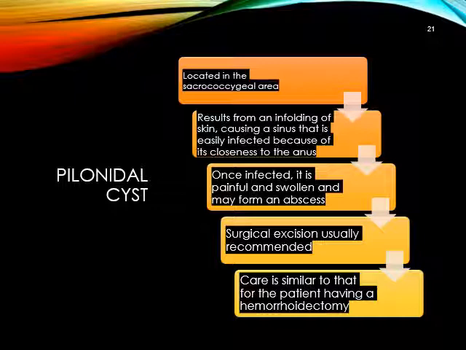Very important to know. It's the very first statement under pilonidal cyst. Pilonidal cyst is located in the sacrococcygeal area. It results from an infolding of skin causing a sinus, meaning an opening, that is easily infected because of its closeness to the anus.